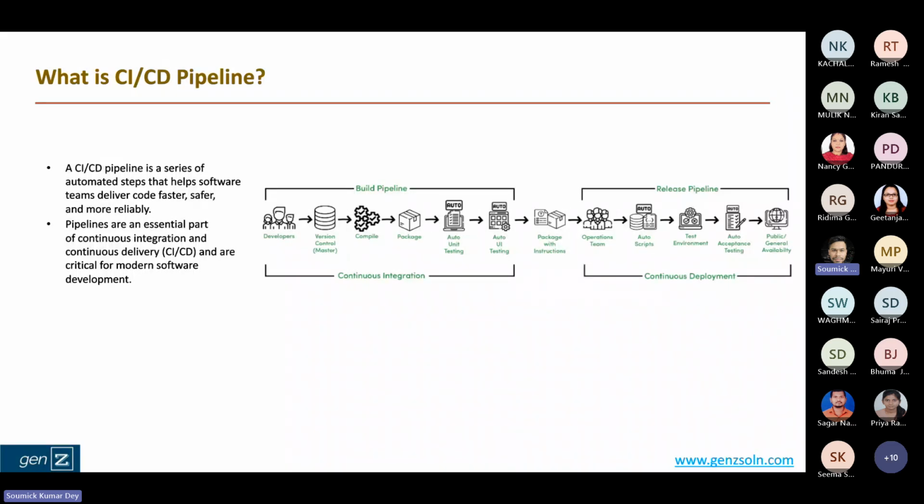So I have added one diagram here. You can see there are two kinds of pipelines available. One is for the continuous integration stage, another one is for the continuous deployment stage. In the build pipeline, developers maintain or merge their code in the version control system, and then the trigger happens whenever any merge or pull request is approved.